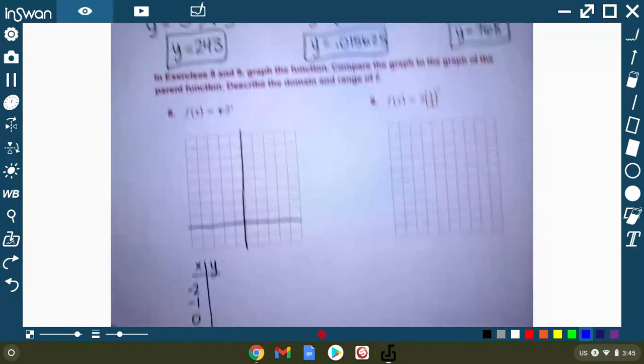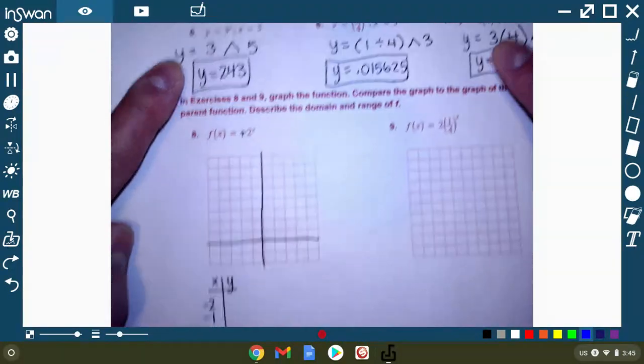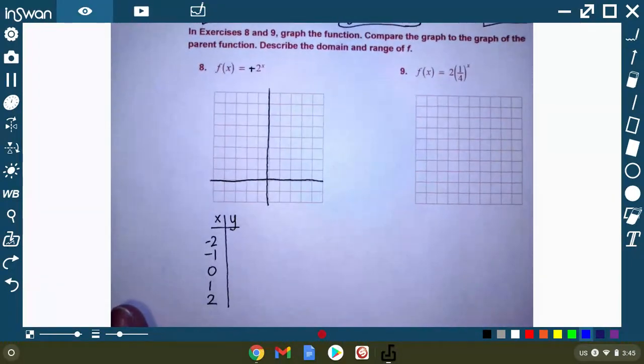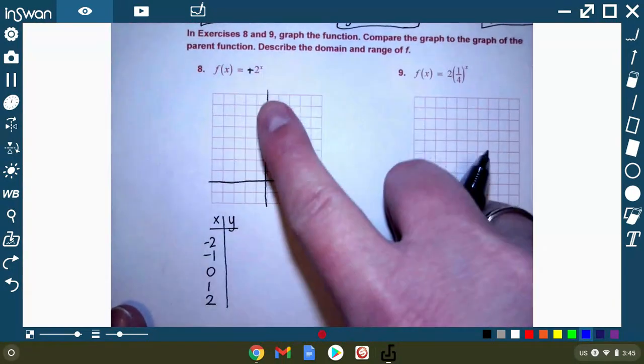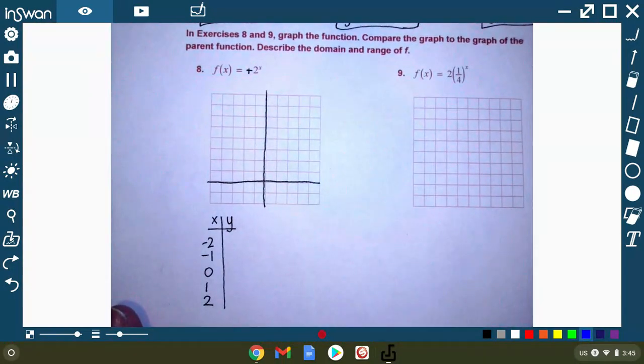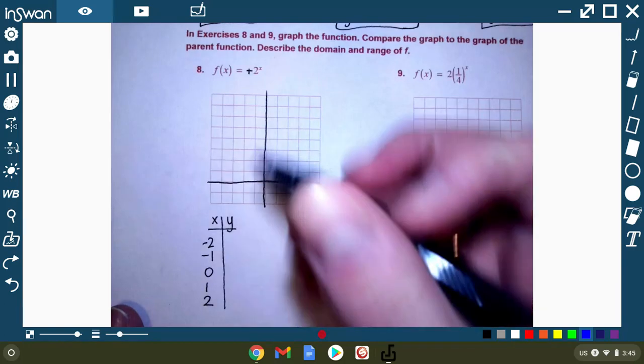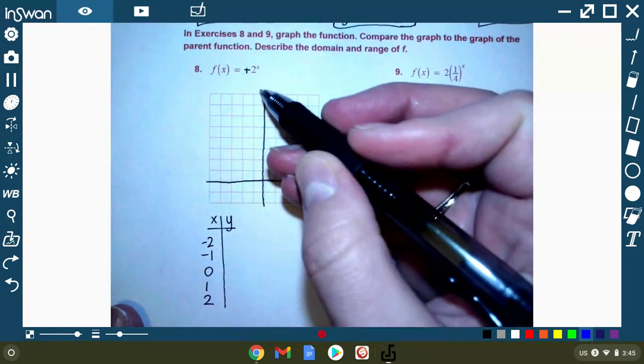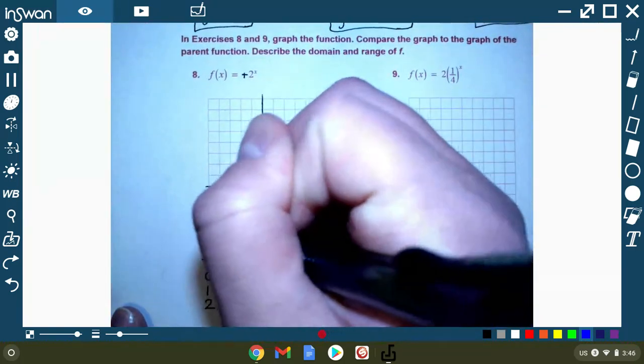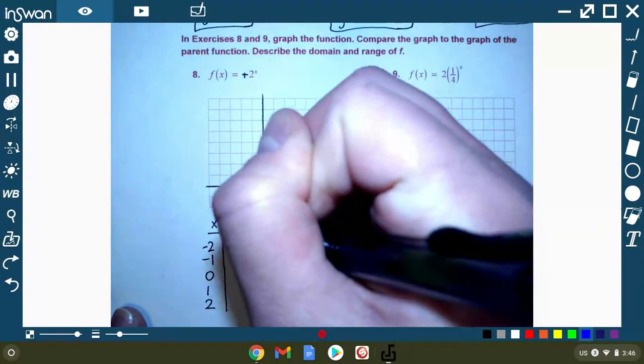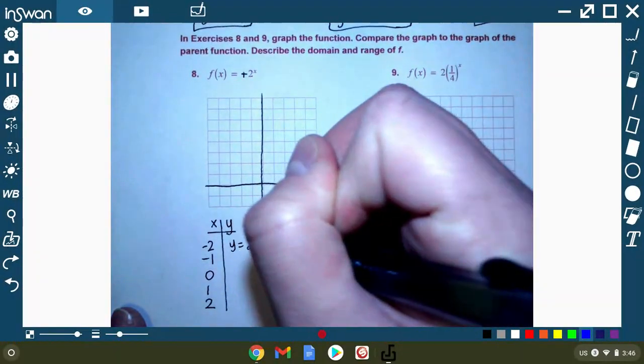Creating the table is just doing exactly what we did up here, but you do it 5 times. So we're going to use these 5 numbers and plug them into our equation so we can find those values. First, if we want to plug in -2, we take our equation, y equals 2 to the x, and type in 2 to the -2.